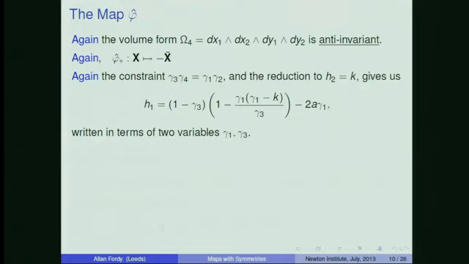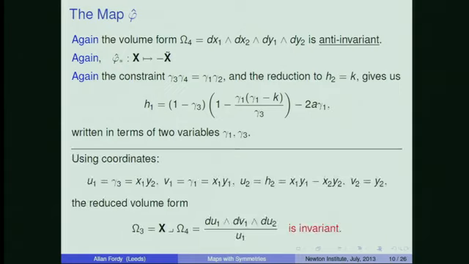This constraint here, because you have to eliminate gamma 4 from this, comes down to the same function here. So we drop down to the same reduction, and we get the same three form here, right? So this two form is what's going to be important.